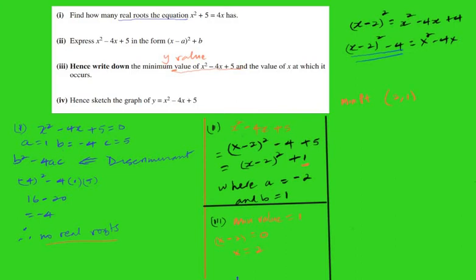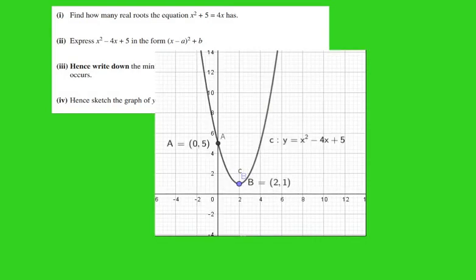So the graph passes through that point, and when x is equal to 0, this is where it cuts the y-axis, the y-intercept. y is equal to 0 squared minus 4 times 0 plus 5, so y is equal to 5. So I'm looking for the point 0, 5. These are the 2 points, 0, 5 and 2, 1. And let us see how this would look.